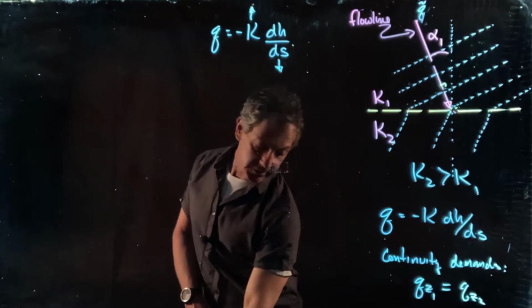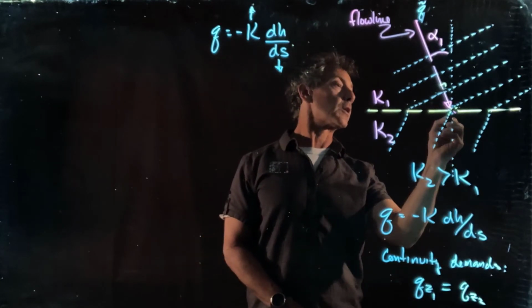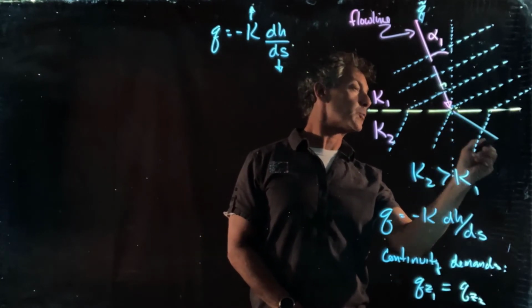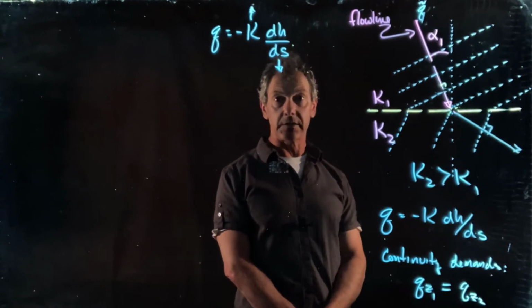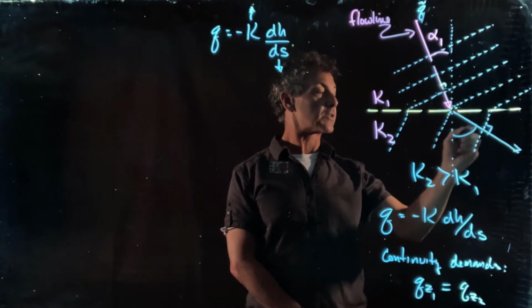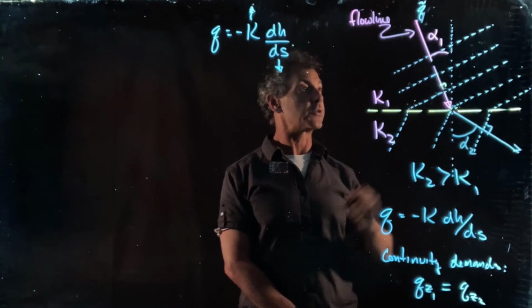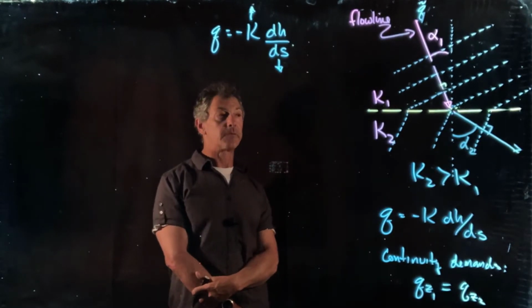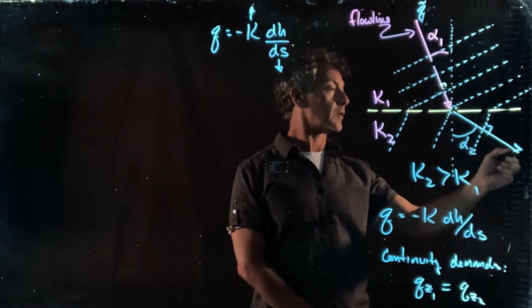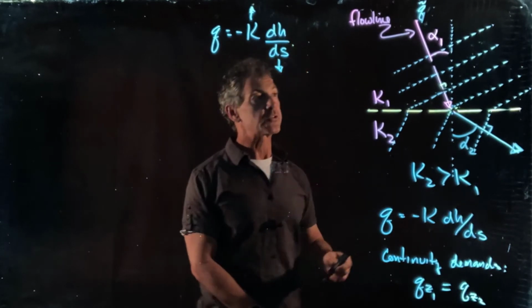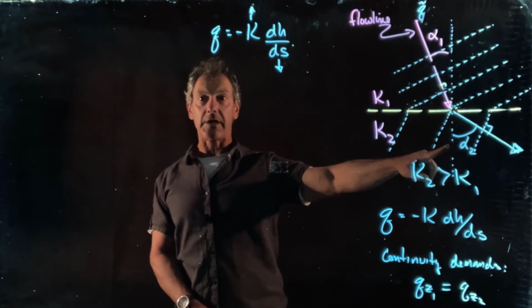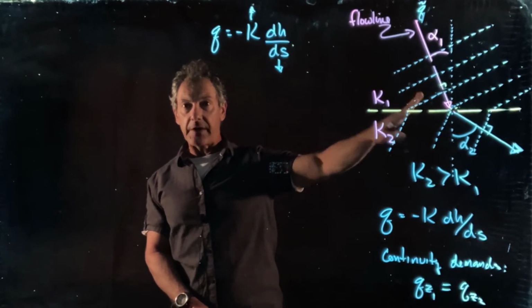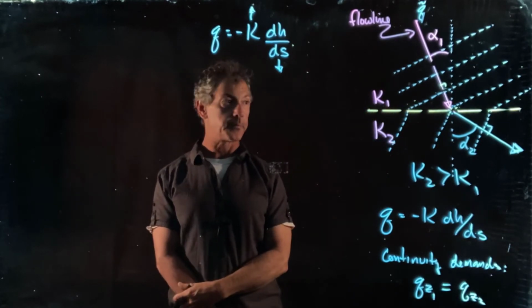So that suggests that this lower specific discharge vector, which has to be perpendicular to that, is going to look something like this. So that's going to have an angle alpha 2 relative to the perpendicular. So that means that my flow line has to bend to accommodate the bending in the equipotential lines.